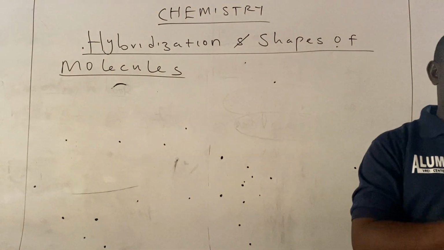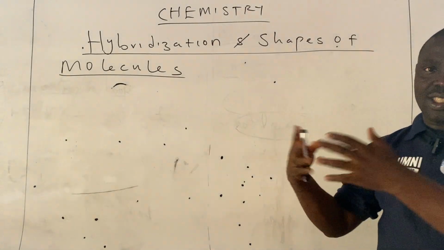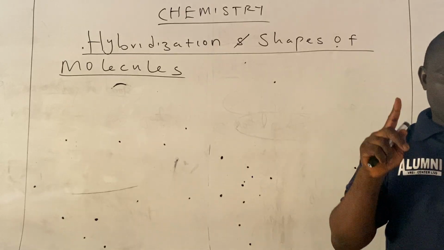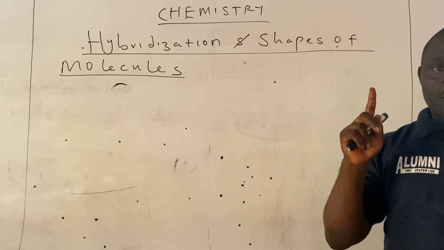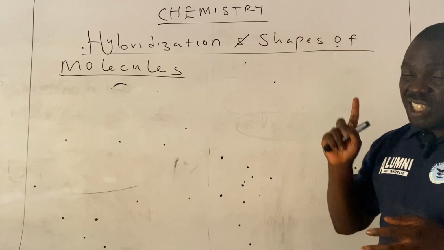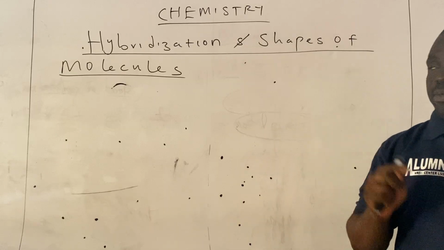Intramolecular bonding is also known as interatomic bonding, which falls under your covalent bonding, your ionic bonding, your metallic bonding, and your dative bonding, known as coordinate covalent bonding.